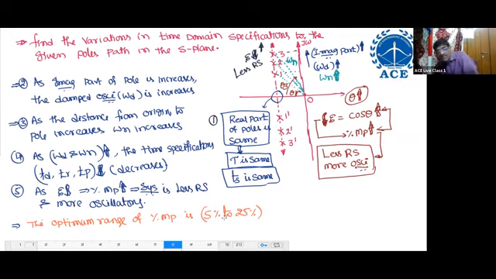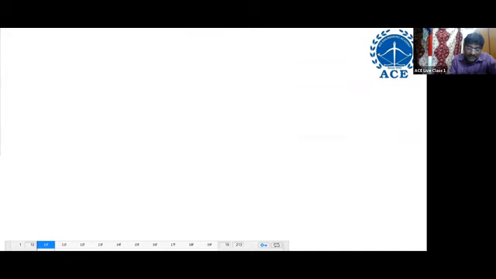It should not be more than 25% and should not be less than 5%. What happens if it is more than 25%? Blindly, I can say the system is less relatively stable and more oscillatory.